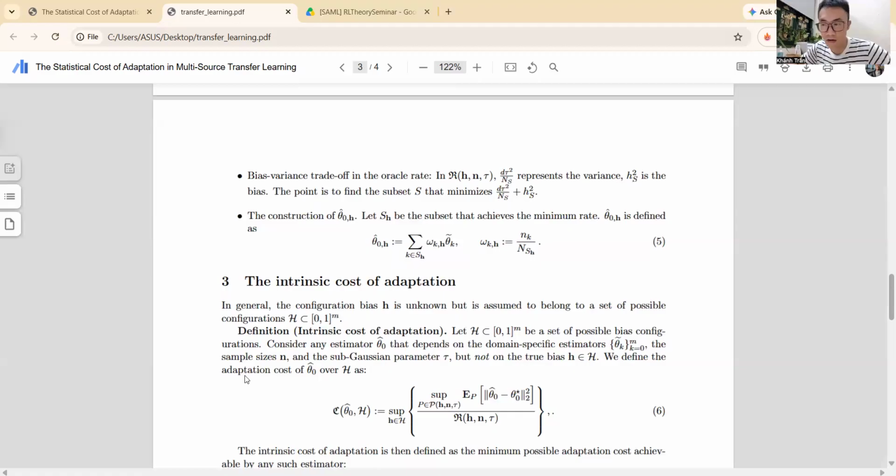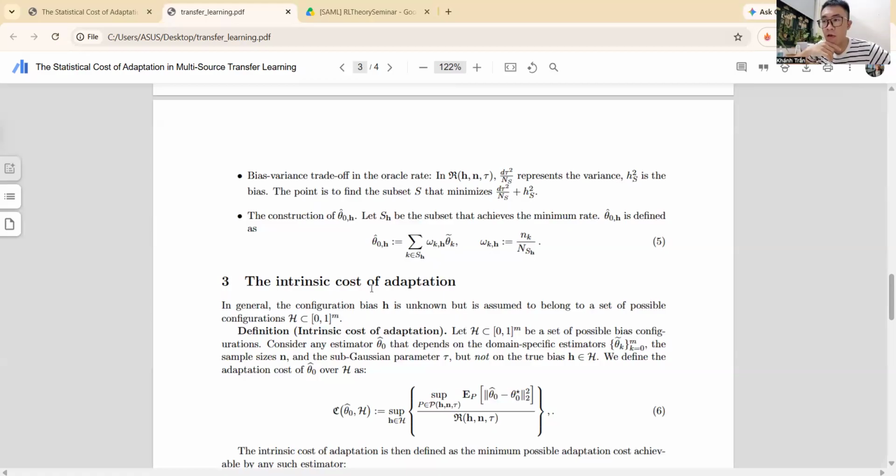Yes, that's right. But when you don't know the bias, you construct the confidence sets, and then you do the intersection of the confidence sets, and you only pay the cost of the minimax rate, up to a log factor.